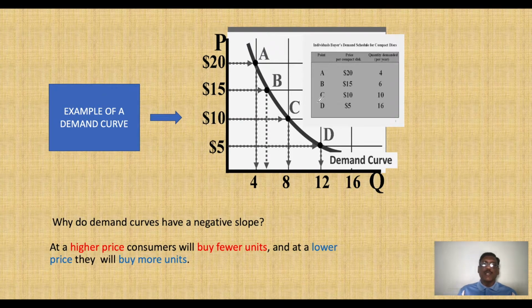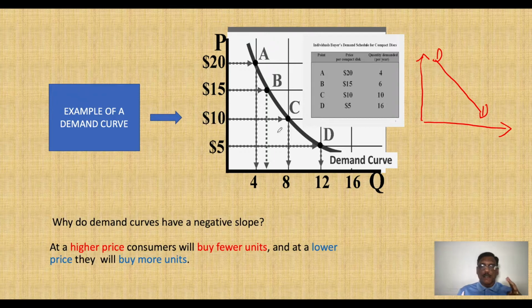Now, for simplicity, when we want to show a demand curve, we might just show a straight line like this and put a symbol like this, demand. Of course, in real life, it won't be a straight line like this, but it will be a downward slope. But for simplicity, we can just depict a straight line like this.